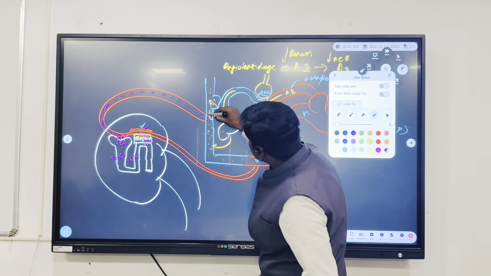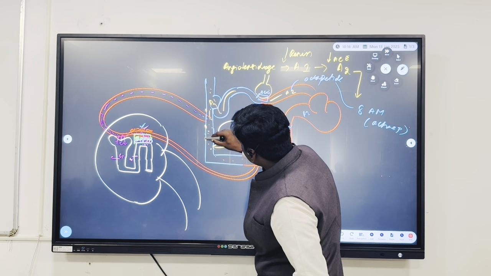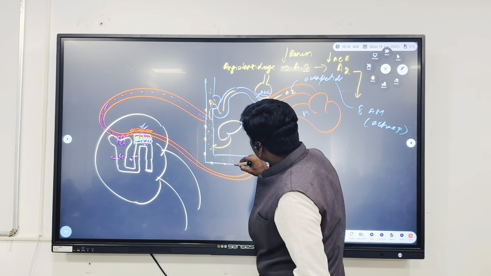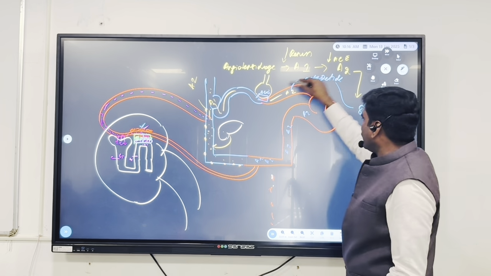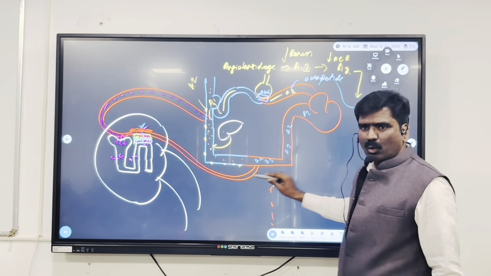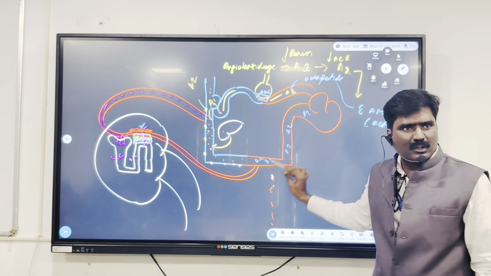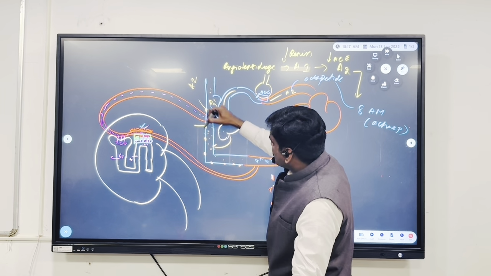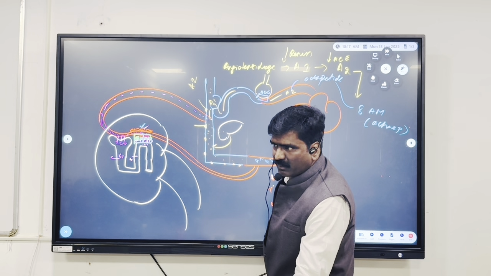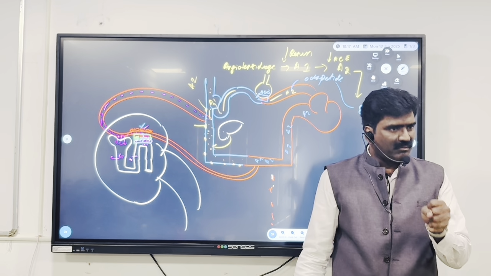Imagine these are the receptors present on the venous side for A2. Now A2 is circulating throughout the body. So when it binds with the receptor on the venous side, it constricts the veins.